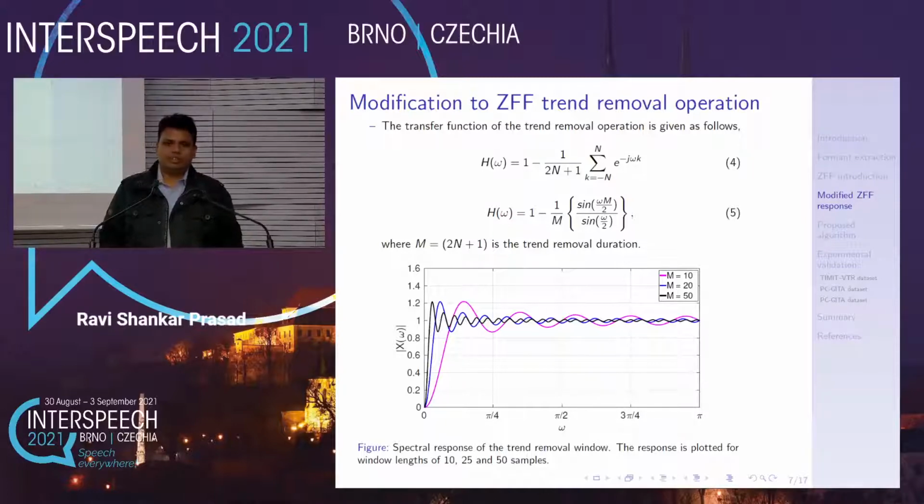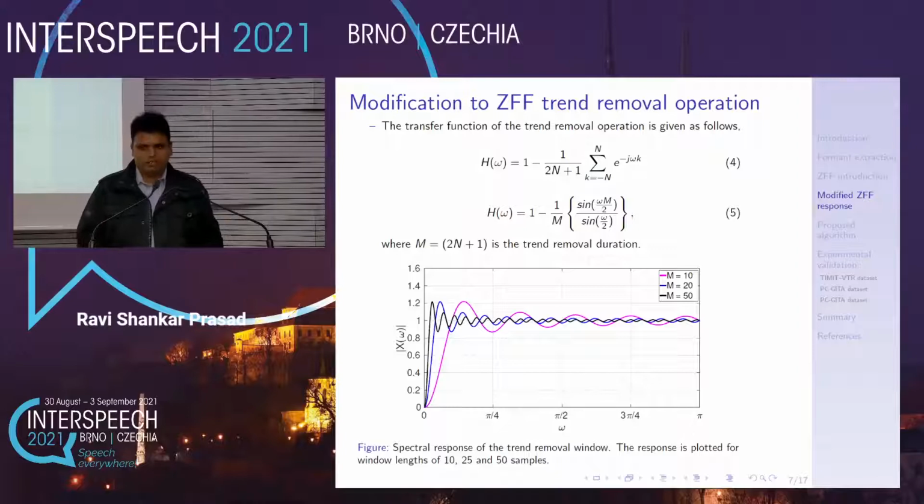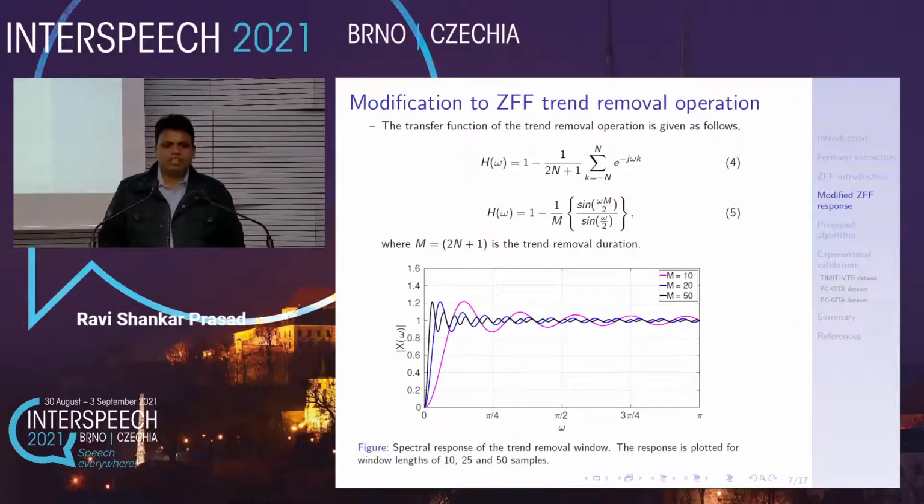So what we did is we changed the duration of the window for removing the trend, and we see that the peak of the response shifts to higher frequencies. If we maintain it at the fundamental period, the peak is given by the black curve, and it is maintained around the f0 of the signal.